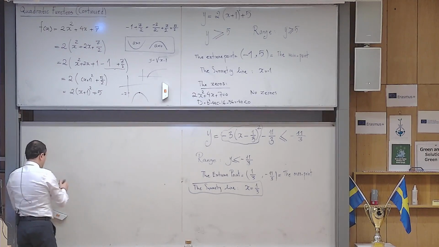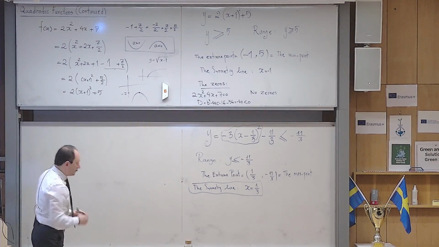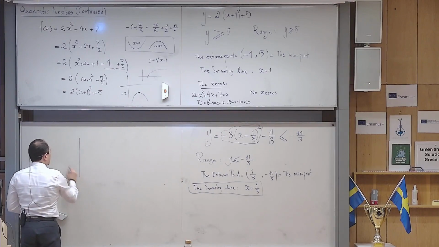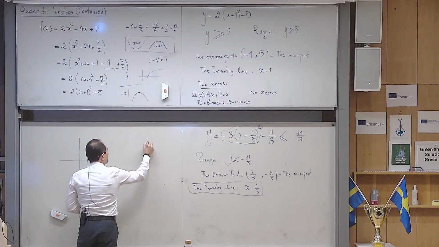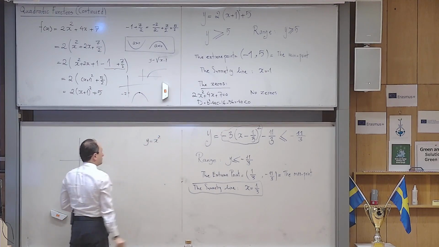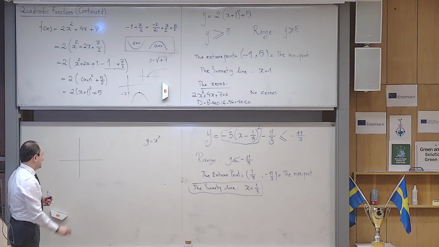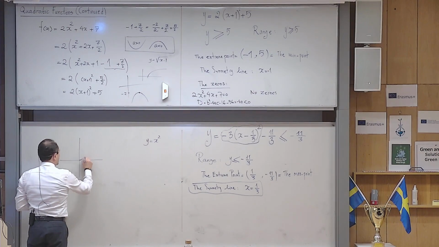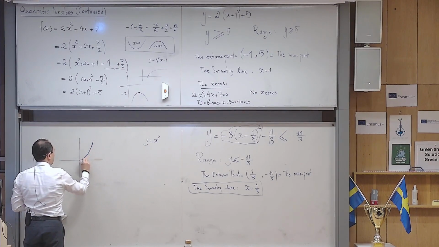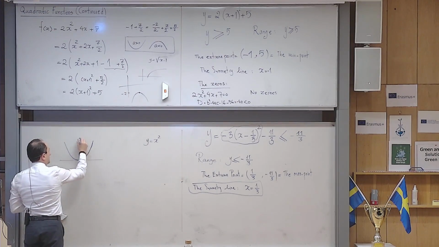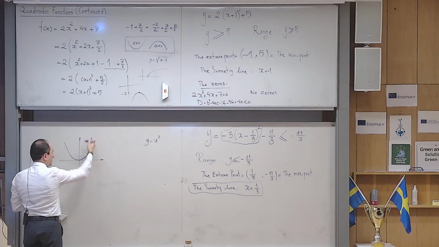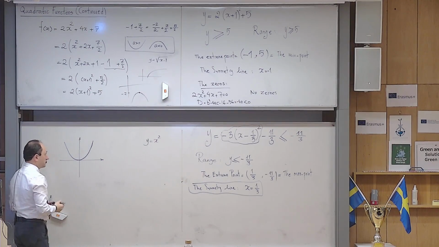For example, this is one of the pictures I want you to have in mind. I hope that you remember how y equals x squared looks like. This is the simplest quadratic function ever, yes? Do you remember? It was something like this. Of course, this is not precise at all, but this is a parabola.